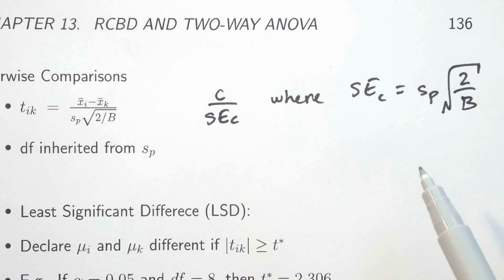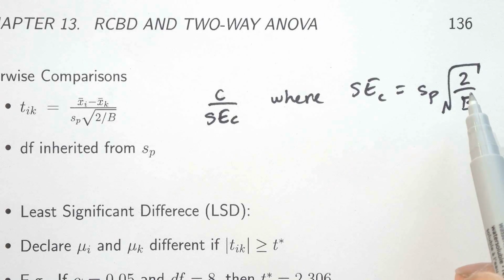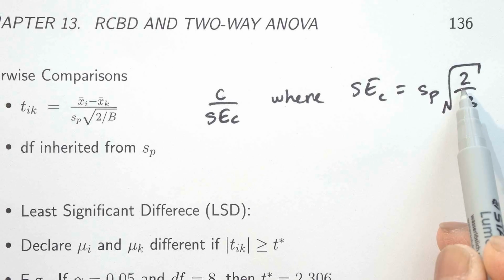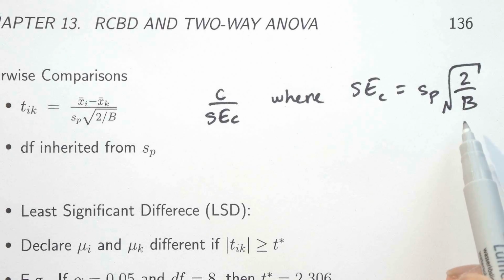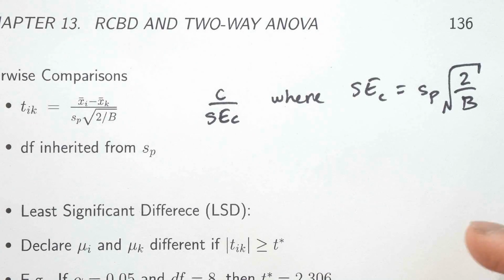If you're looking at a difference between two means, we're always going to have the same standard error in a randomized complete block design, because the sum of your a_i squared is always going to be 2, and every treatment group has the same sample size, which is B observations. So that's our standard error there. And then the degrees of freedom for our test statistic is inherited from the pooled estimate of variance. So here we have degrees of freedom equal to 8.